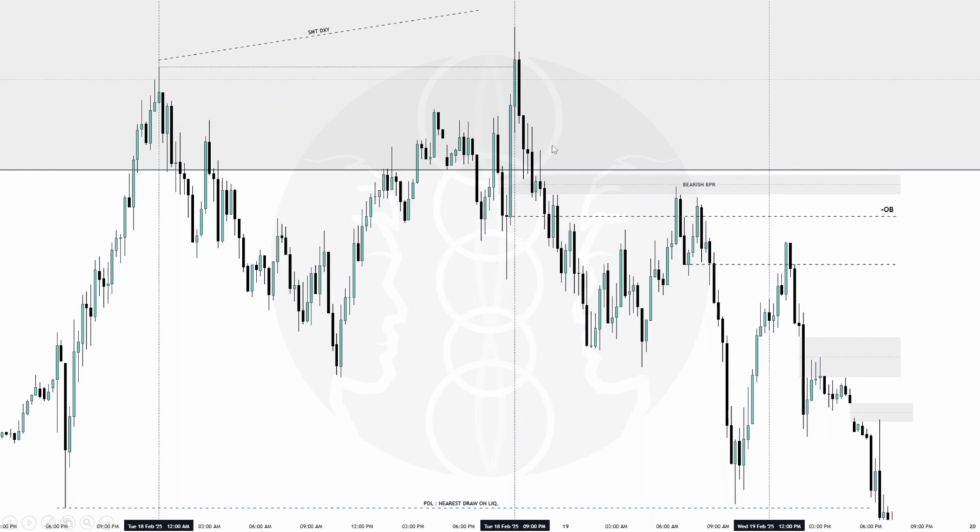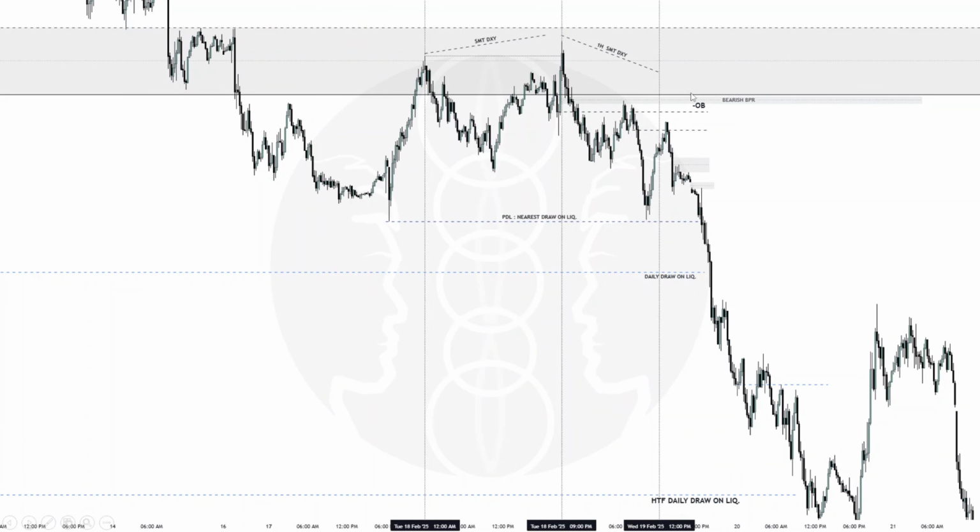Price is respecting both of them with this wick and then it is going lower toward the strong liquidity right here, creating this failure swing. And if we are interested in this 1 hour SMT right here, which was from this high to this high, you can see that price gave us nice entry after creating this SMT with this fair value gap right here. We can go short from any of these levels and this one as well.